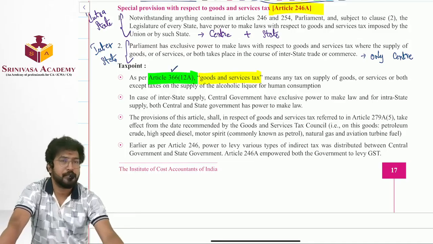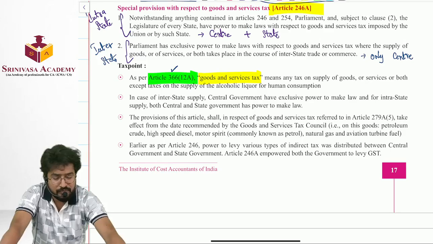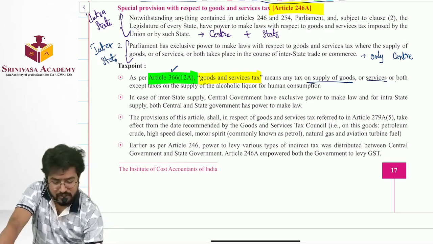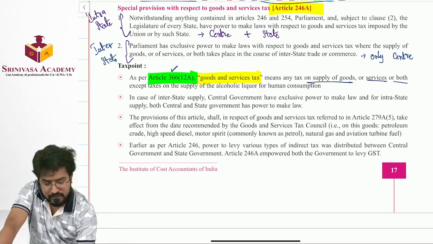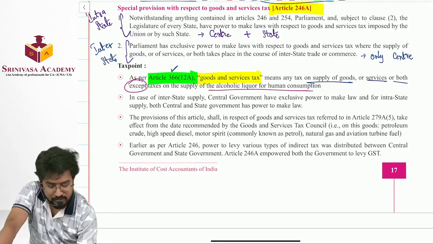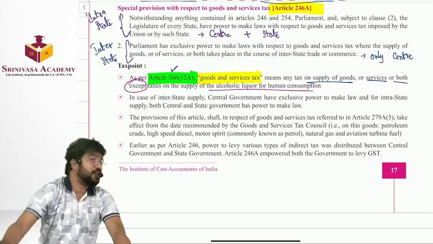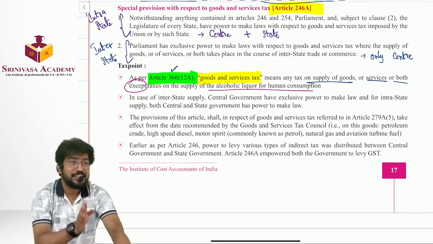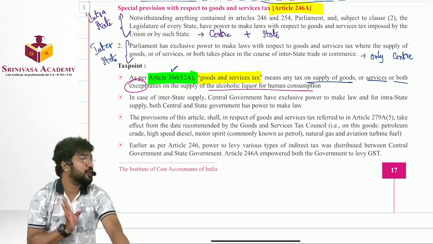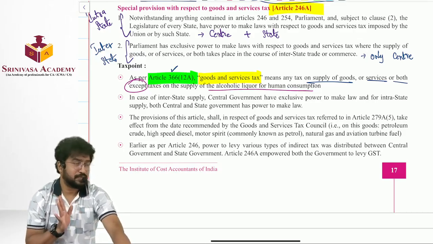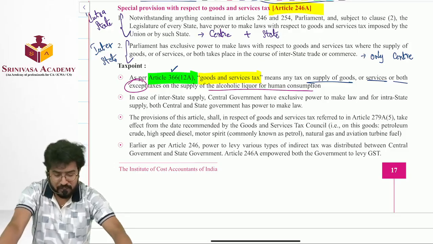So goods and service tax means what? Any tax on supply of goods or services or both, except, look at this beautiful word, except what? In GST definition itself they have excluded liquor, and that is only for human consumption.